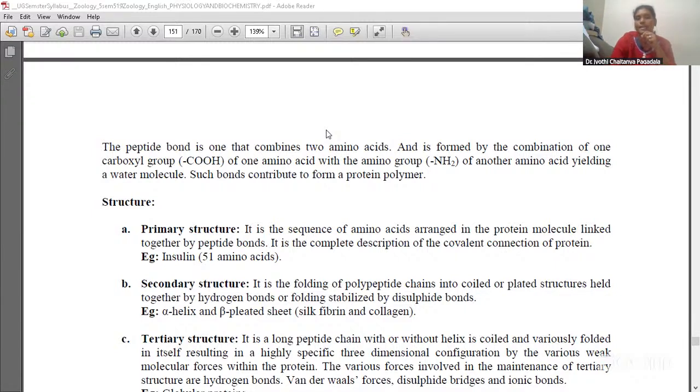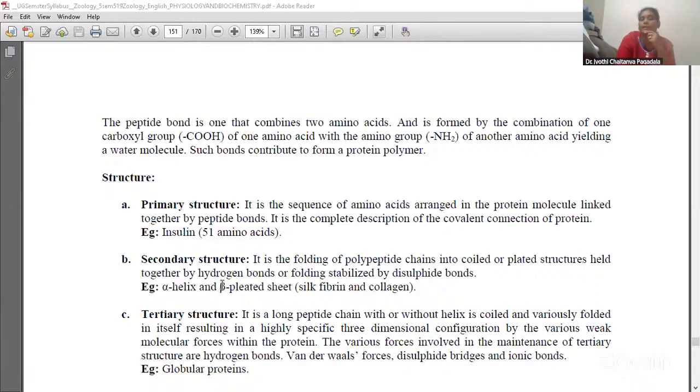Whereas in the secondary structure, you can see the presence of foldings of peptide chains, coil and plated structures held together by hydrogen bonds, or foldings stabilized by the presence of disulfide bonds. Such coiled regions are called alpha helix and beta plated sheet. This type of arrangement you can see in keratin, fibrin and collagen, which are present in the skin.